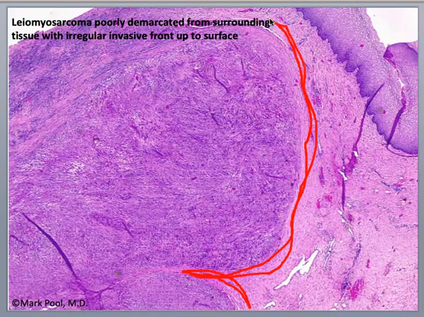So it's poorly demarcated from the surrounding tissue and is extending to a place where it ought not to be. So normally we don't find soft tissue like the myometrium adjacent to the vaginal surface, another abnormal feature.